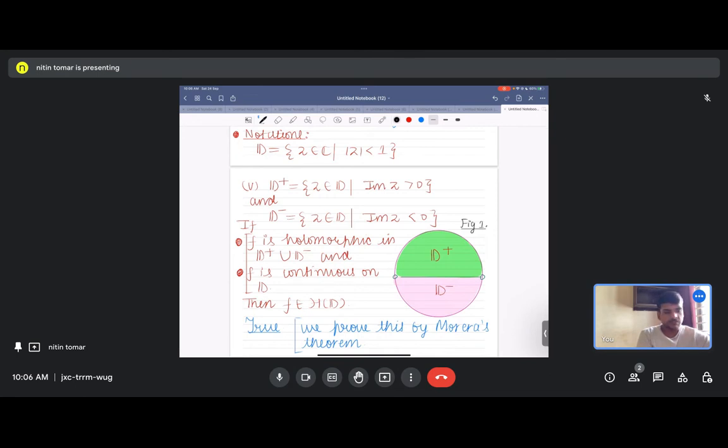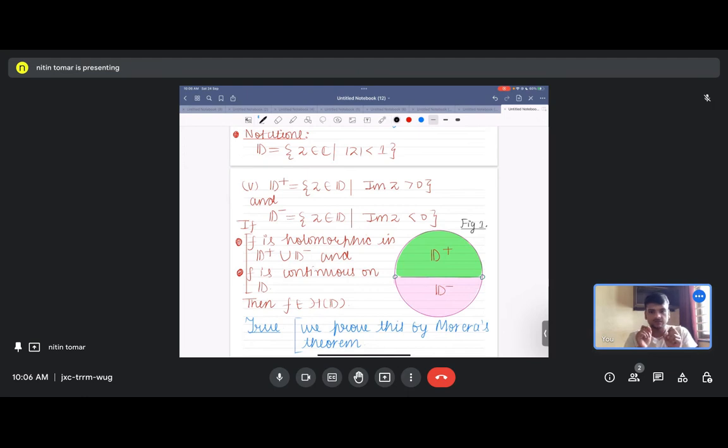Okay. Now the question that has been asked is the following: if f is holomorphic in D plus union D minus, so f is holomorphic in the upper part as well as the lower part. So holomorphicity is not given on this line, the interval from -1 to 1.